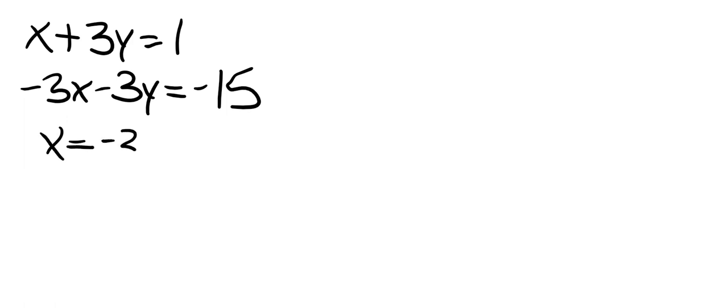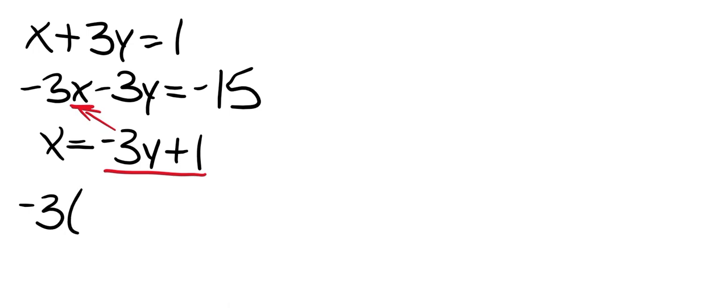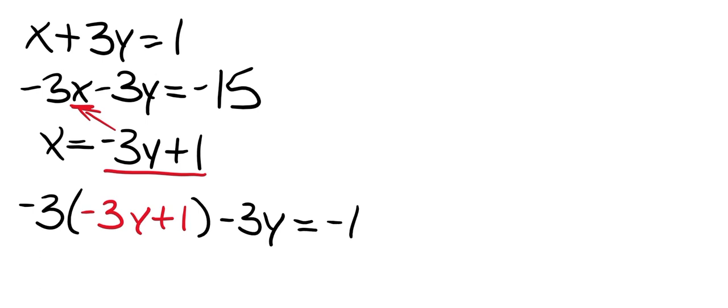That's going to be x equals negative 3y plus 1. Then we're going to plug in what x is equal to in for x in the other equation. That's going to give us negative 3 times negative 3y plus 1 minus 3y equals negative 15.